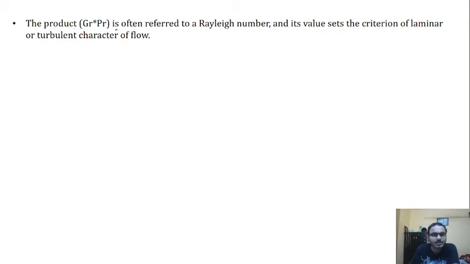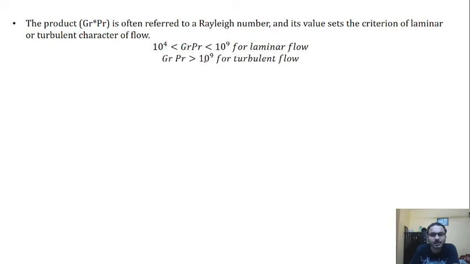The product Gr Pr is often referred to as the Rayleigh number, and its value sets a criterion for the laminar or turbulent character of the flow. For laminar flow, the product Gr Pr will be in the range 10⁴ to 10⁹, and if it is greater than 10⁹, then the flow is turbulent.